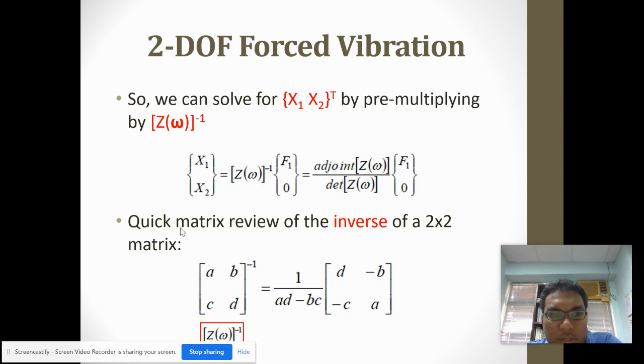So the impedance matrix becomes inverse. It's a quick matrix review for the inverse of a 2 by 2 matrix, where we have a, b and c, d here. When inverting, we have 1 divided by ad minus bc, and we have this matrix where we swap the locations of a and d, and we put minus b and minus c.